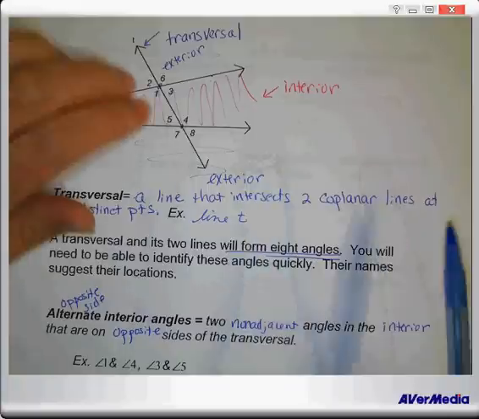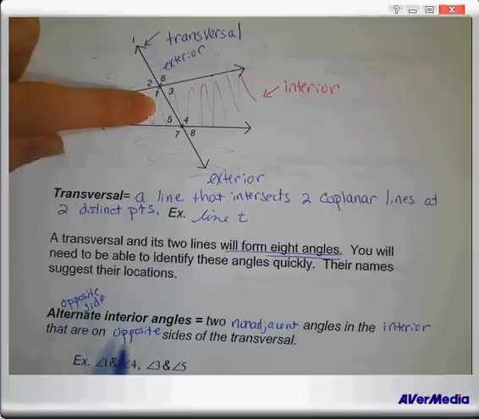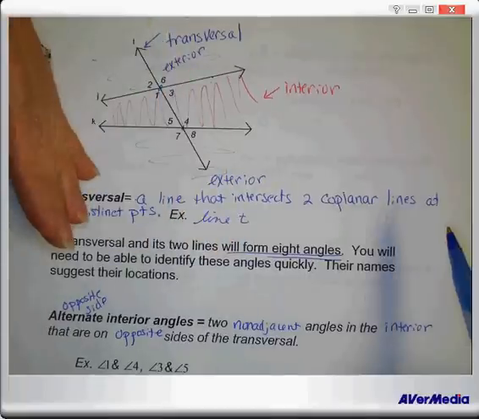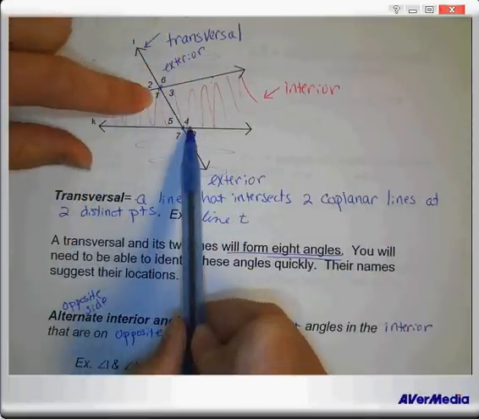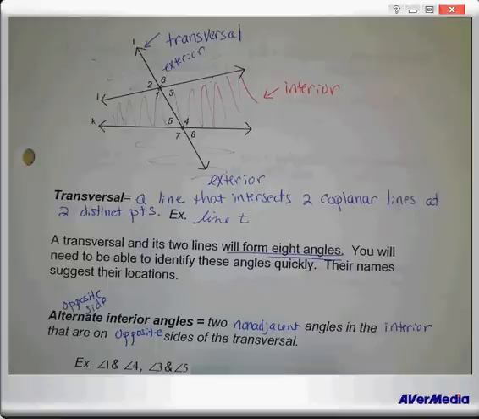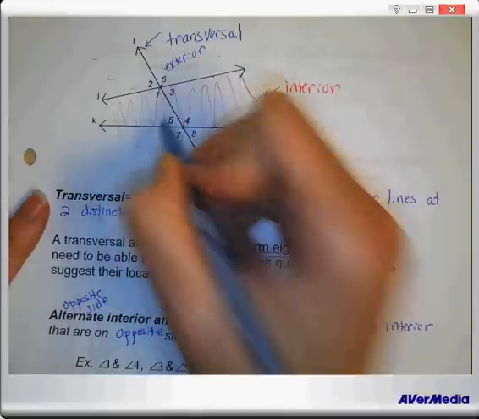So I know 1 is going to have to match with either 5 or 4. But here's the one that tells us they're on opposite sides. Well, 1 and 5 are considered to be on the same side. So the angles that would work would be 1 and 4. And the other angle pair that would work would be 3 and 5. And when we work with alternate interior angles, you can see 1 and 4, 3 and 5 are the ones that go together.